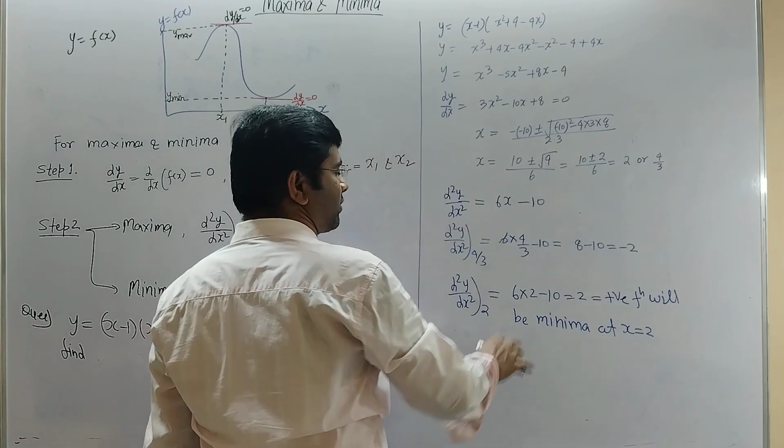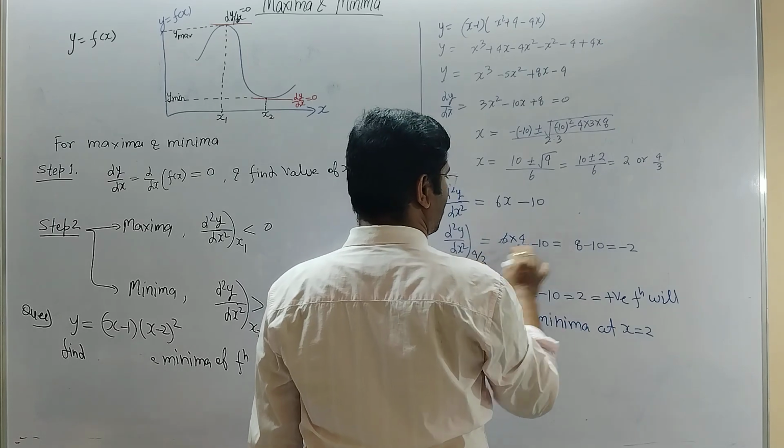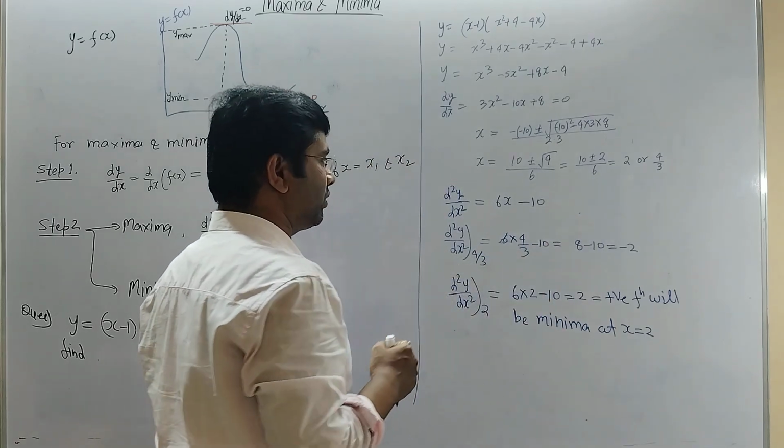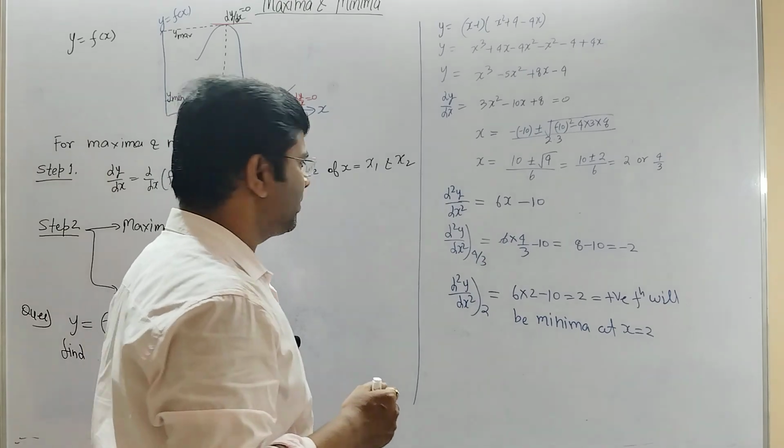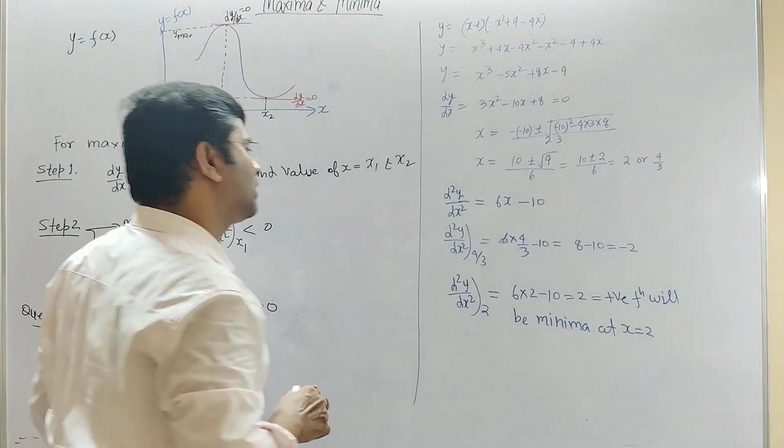Okay, x equal to 4 by 3 is going to be maxima. So that will be local maxima, because maxima will be infinity if we put it here, it will be a very big number, infinity.